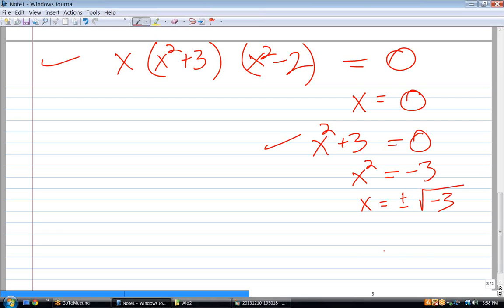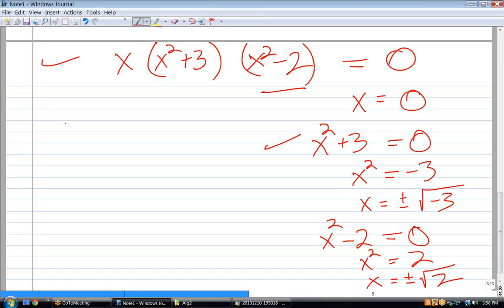Okay, we'll leave it like that for the moment. And then let's go back and solve this one, the third term in our product. So you would take the square root of both sides, and then you get plus or minus square root of 2.